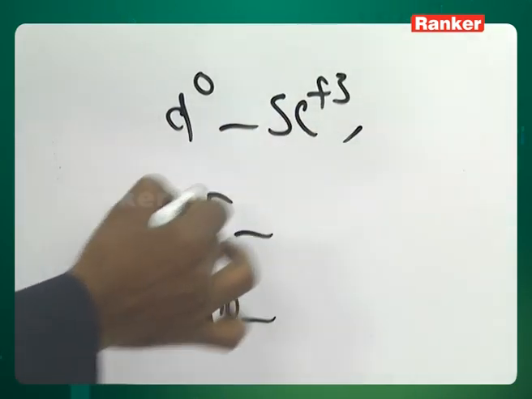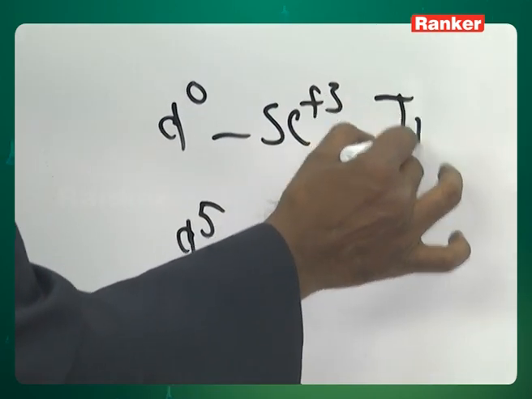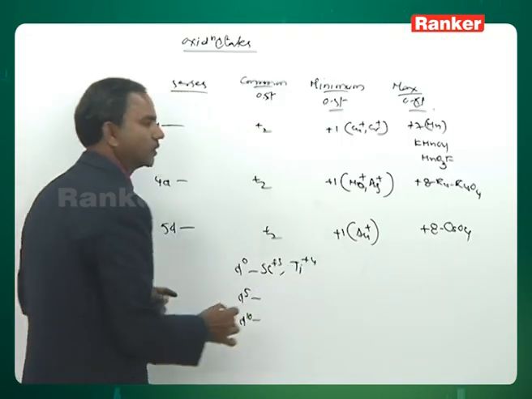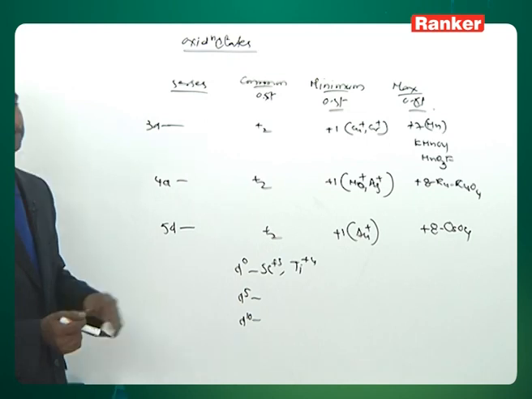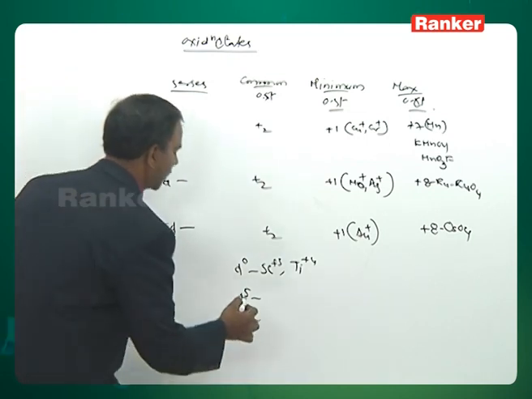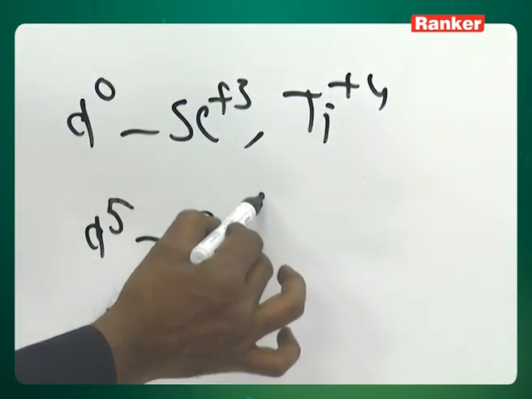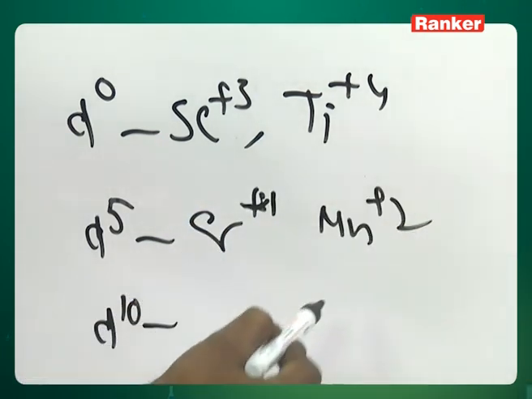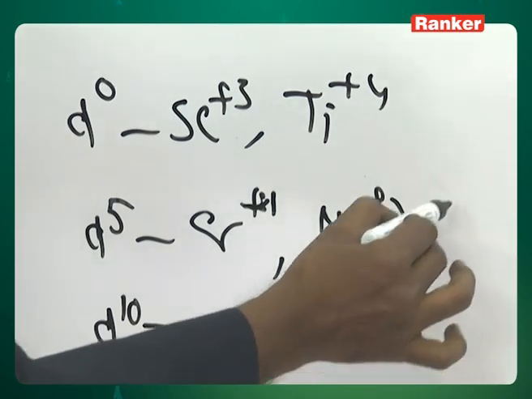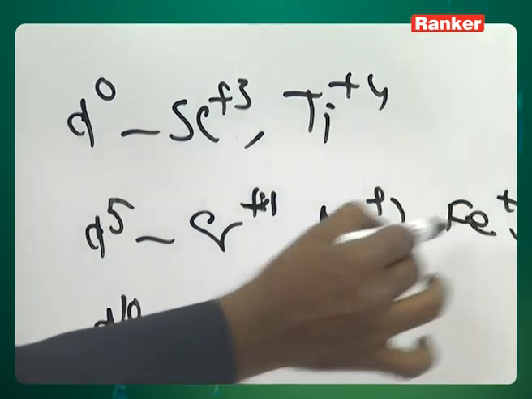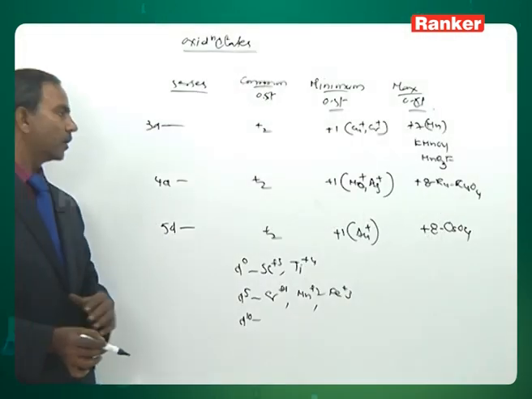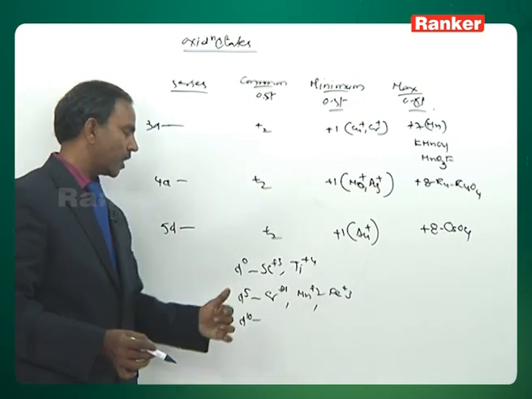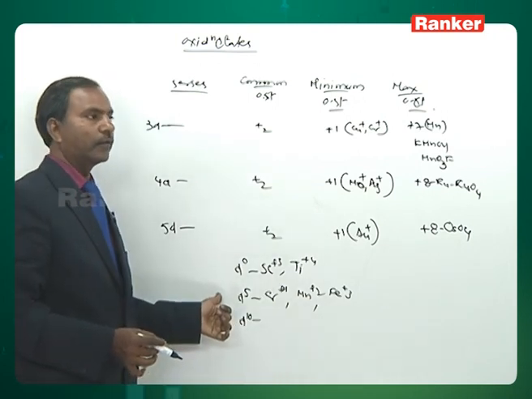Consider scandium +3, D0, and titanium +4, also D0. These two oxidation states are stable for scandium and titanium. Then take chromium +1 and manganese +2, and also iron +3. In these three oxidation states, the metal ions have stable D5 configuration.